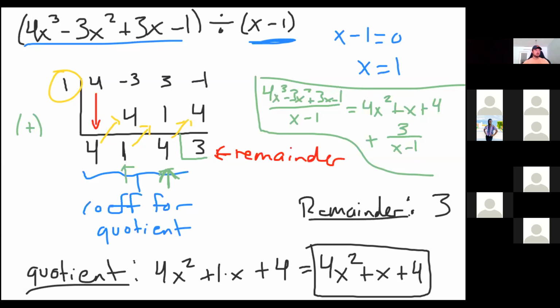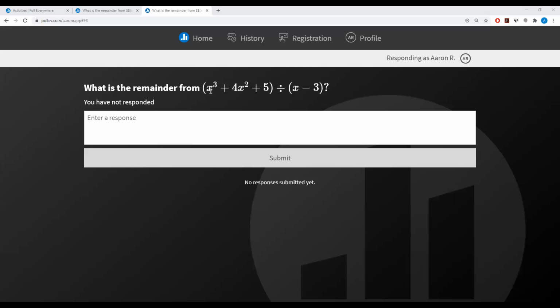All right. So we're going to have a new question up on Poll Everywhere. Thank you, Chris, for still giving me that thumbs up. So go back to Poll Everywhere for me. I'm going to share on Zoom as well, just so we get it for the recording. This time, I'm asking you what is the remainder from the division of x cubed plus 4x squared plus 5 divided by x minus 3.